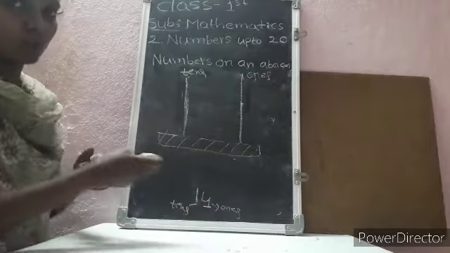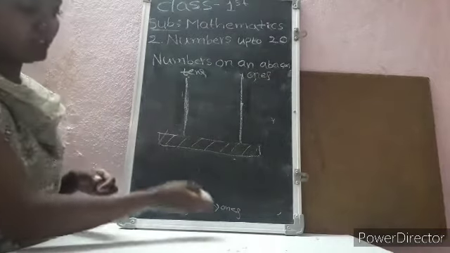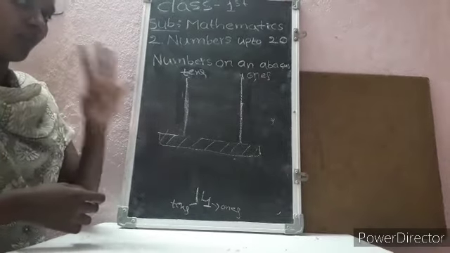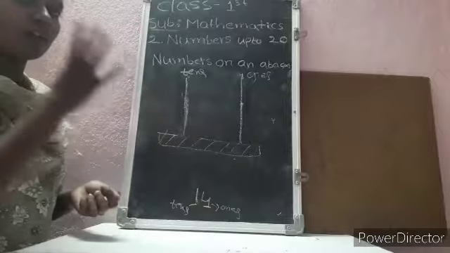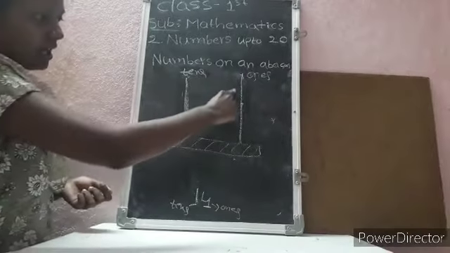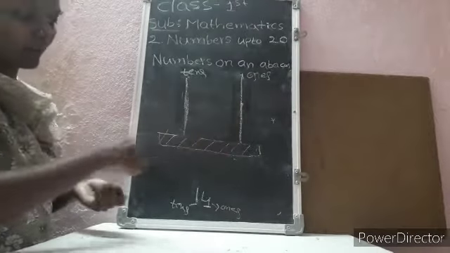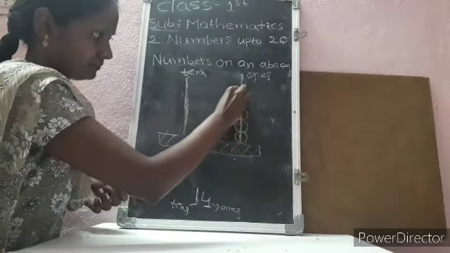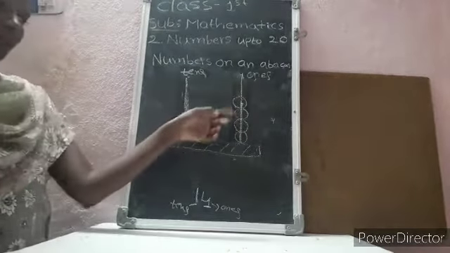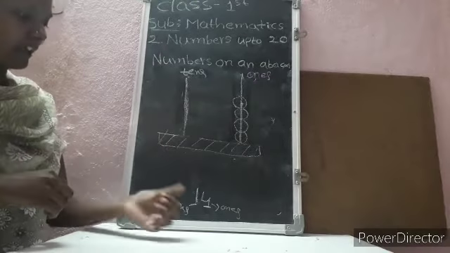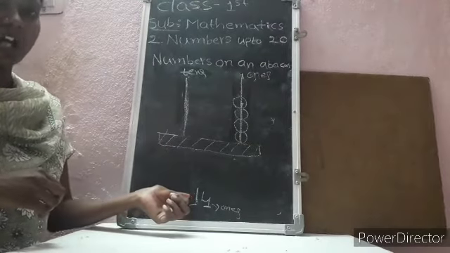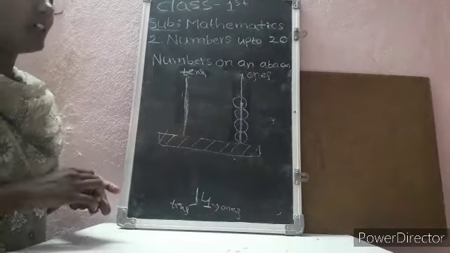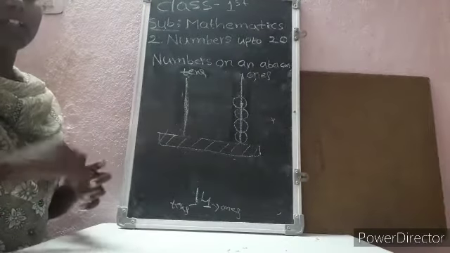Here 4. What is the value in the ones place? 4. So I draw 4 beads on the ones spike. And next, move to the left side, which is 1. The value is 1. So I draw 1 bead on the tens spike.